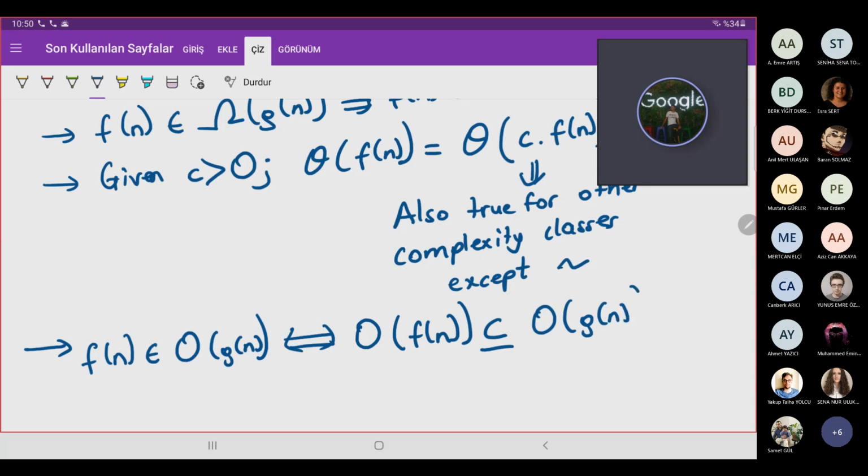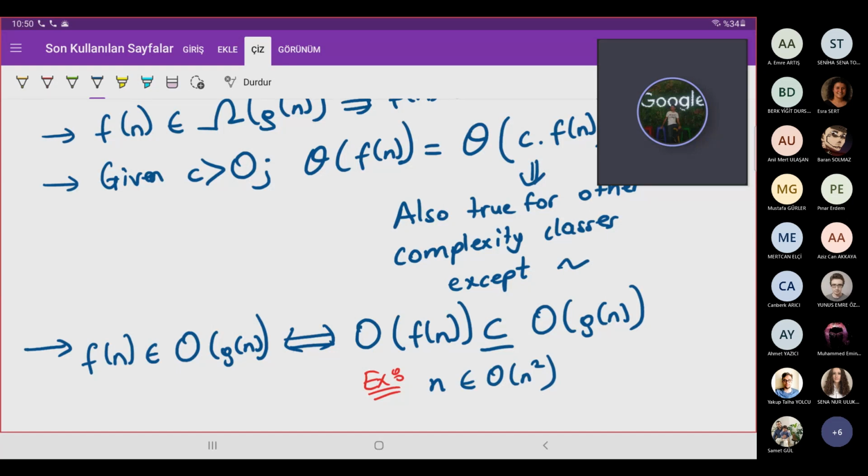So maybe to remember it, we can think of it in an example, okay? Let's say that Fn is n, and Gn is n squared. So n is in big O n squared, right? Which is true. N is also in big O n, but I just wanted to give different functions because they don't have to be the same.